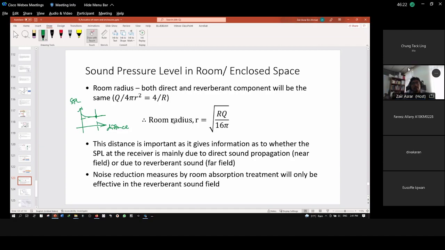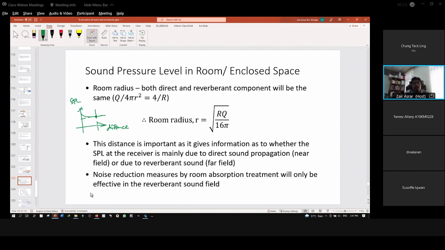If our measurement point is less than the room radius, the bulk of the sound pressure level is coming from the direct sound, directly from the source itself. If our distance is larger than the room radius, the sound pressure level is mainly due to reflection from the walls, the reverberant sound field.